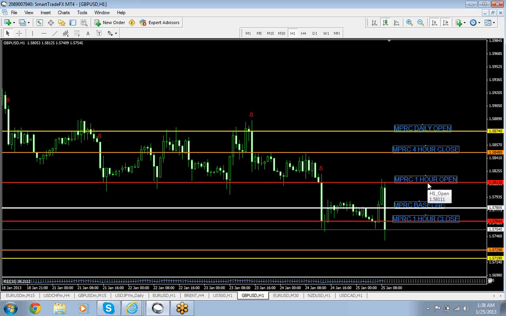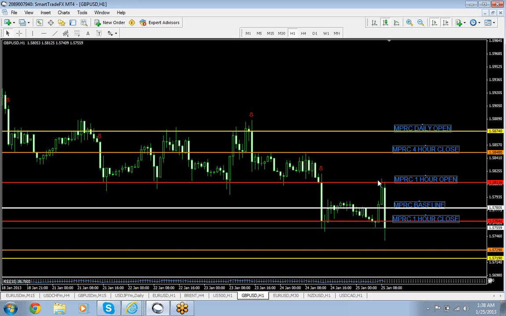You can see from an MPRC 1 hour to MPRC daily open marked lines, there's been supply and demand one after the other between these levels, offering you plenty of trading opportunities of buying and selling inside this market. Obviously, you see this big bearish candle in the market here from level to level, and that's what you can see price a lot of times get to from level to level, which is really powerful.